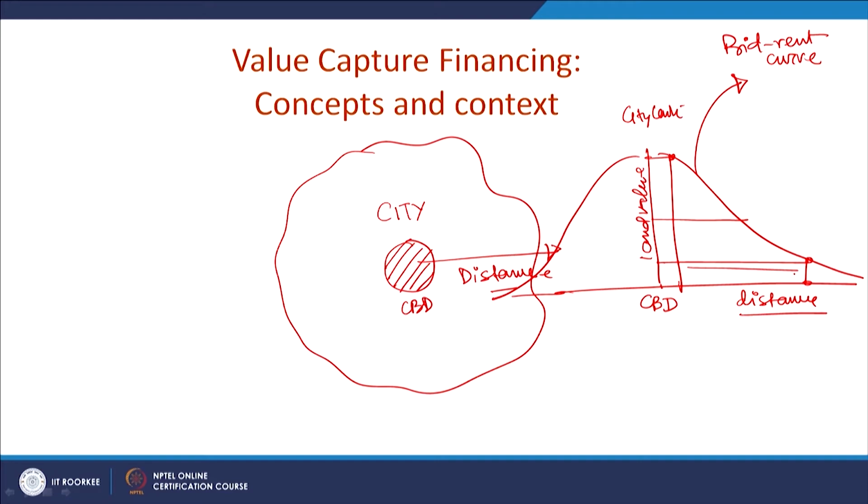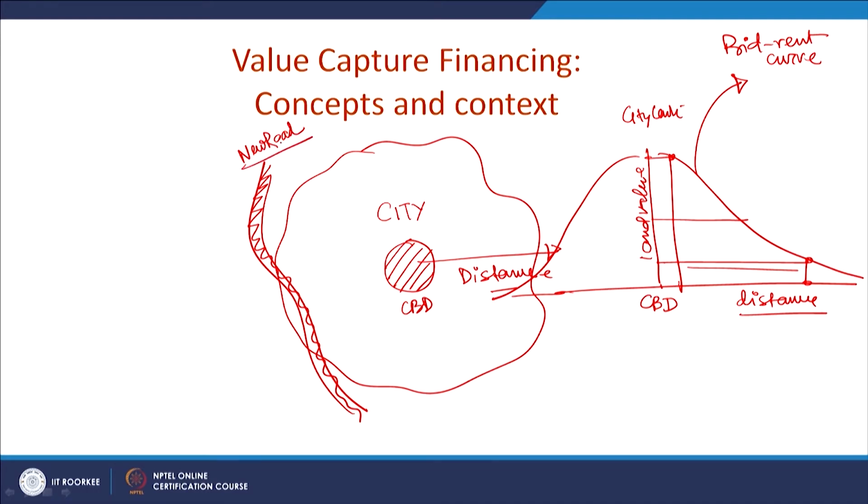Now, suppose in this situation, in this periphery I am building a road infrastructure like this. So, this is a new road which is coming up there, a new road which the public authority is going to construct.